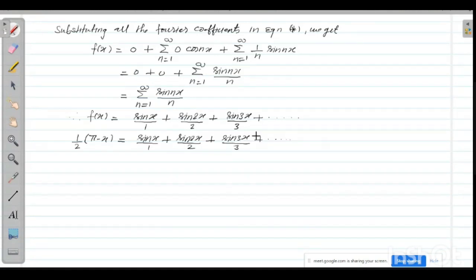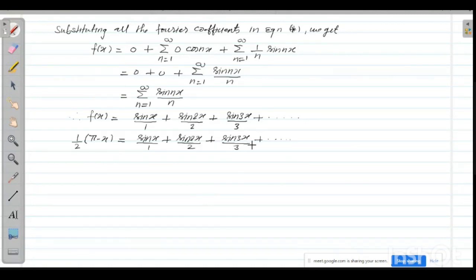Okay, we have to deduce the next part. So for this, what do I have to do? If I put here x equal to pi by 2, then we are able to do that. So this becomes sine pi by 2, but sine pi by 2 is 1, so we get the first term. Here the second term, instead of x we put pi by 2, so the 2 and 2 will cancel, this becomes sine pi, but sine pi is 0, so the even multiples of pi by 2 will be 0.